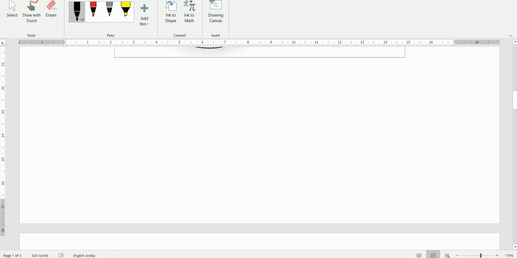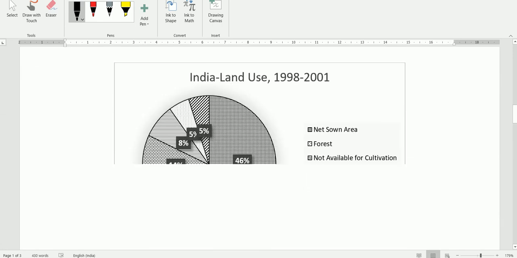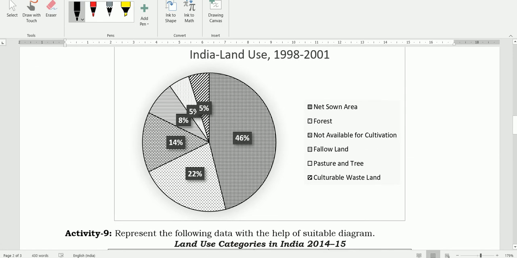And likewise, for the another year, for the 1998-2000 also, we have to draw another pie diagram. Just use the same technique that was mentioned earlier. Okay, you may start from the smallest sector, then continue, and you may draw the biggest sector last of all.